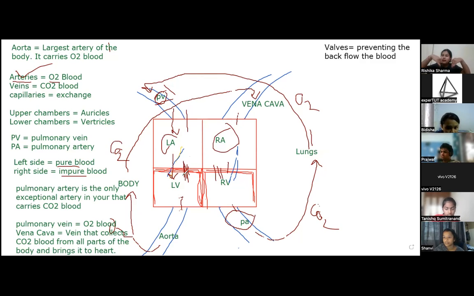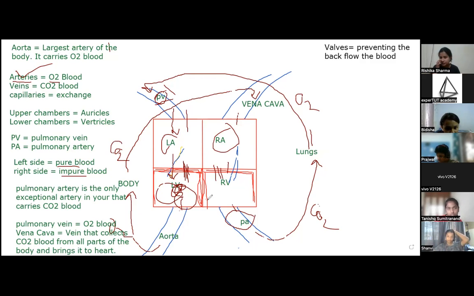They will open in downward direction and allow the blood from the auricle to move into the ventricle, and once the blood has filled into the ventricle, they will shut and close, so that the blood does not move back into the auricles, because if the blood moves back, then it might cause damage to the heart.